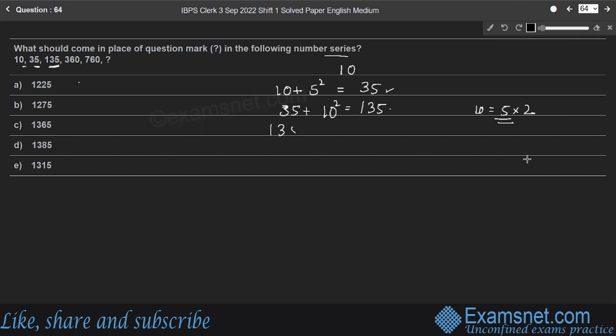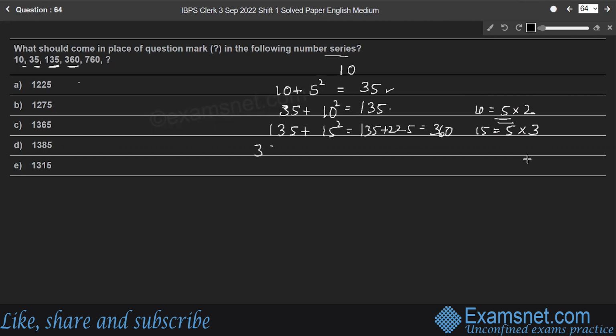To this third number, when 15 square is added, where 15 is again a multiple of 5, 5 into 3, right? So 15 square is 225. So 135 plus 225 gives 360, which is the fourth number, right?